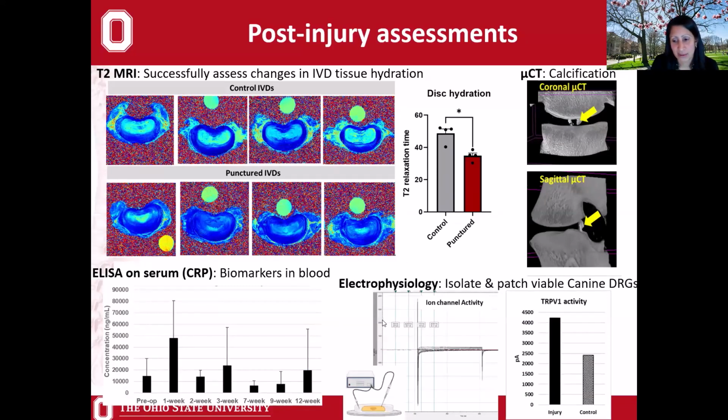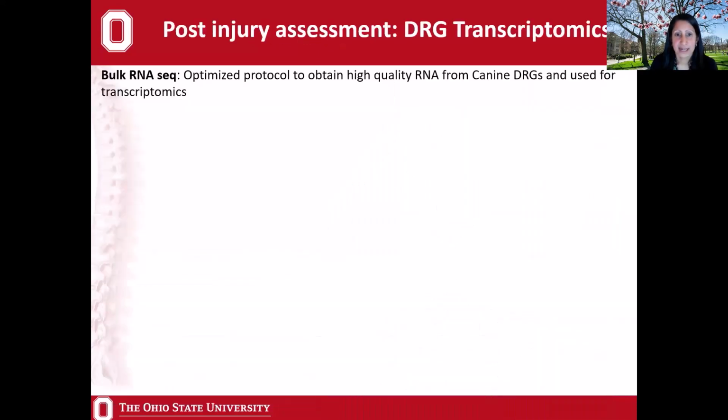And then also we were able to isolate and patch the canine neurons to look at changes in hypersensitivity. So we're able to get viable cultures, patch them, and actually get interesting, reliable data from these. That was pretty exciting.